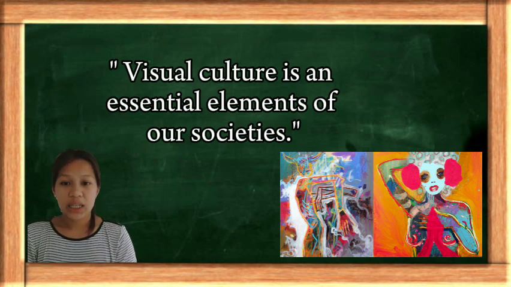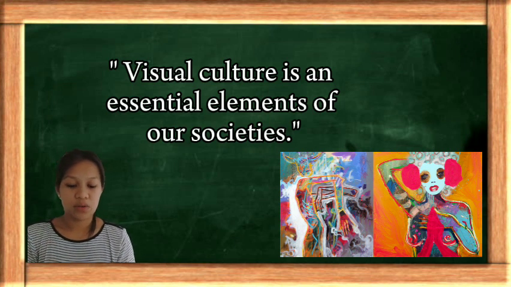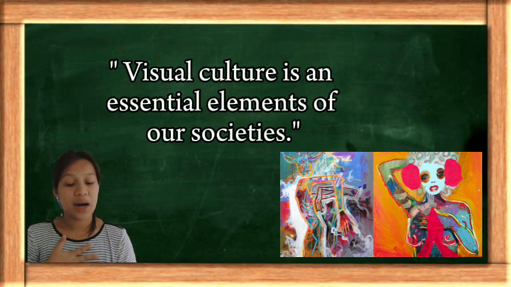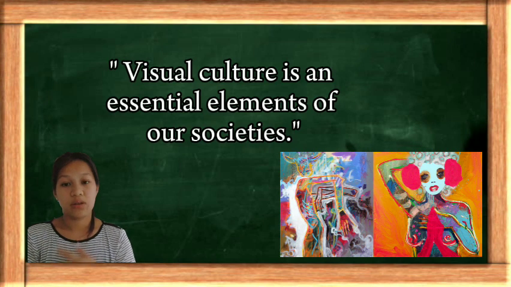It is essential because our sight helps us to know the different things around us. It helps us keep updated, especially nowadays when there are a lot of things happening, not only in our society but also around the world.